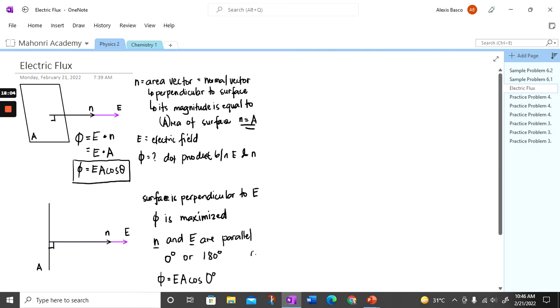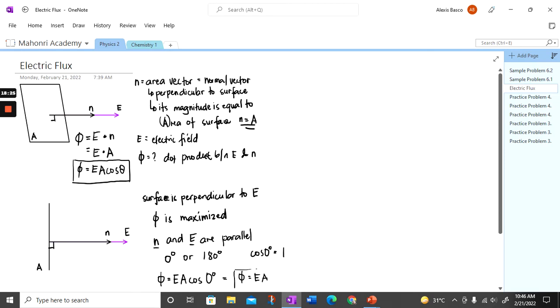Now remember, cosine 0 degrees is equal to 1. So EA cosine 0 degrees, or when my N and my E are parallel to each other, will always be just electric flux is equal to EA.